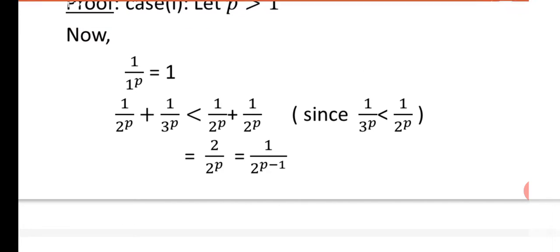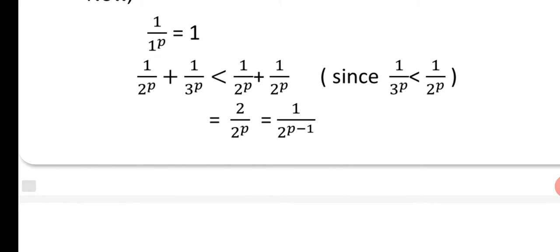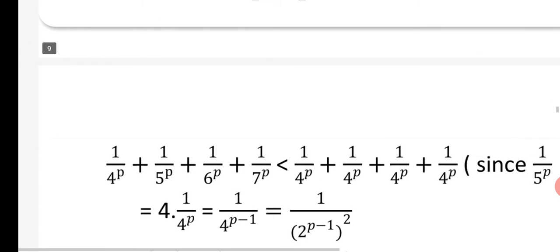So it is equal to 2 by 2 to the power of p, which is equal to 1 by 2 to the power of p minus 1. Similarly, we choose the 4th, 5th, 6th and 7th terms of the P series.